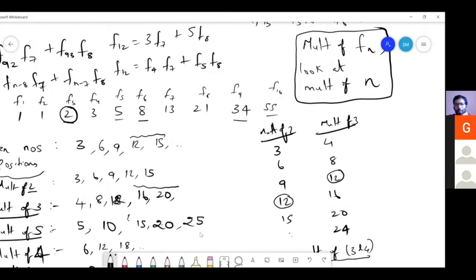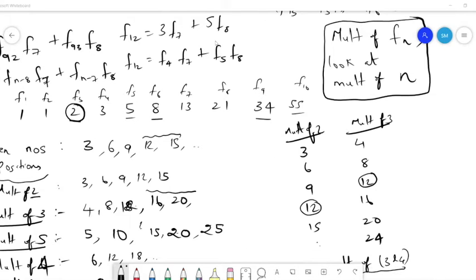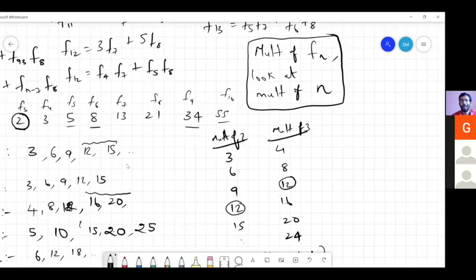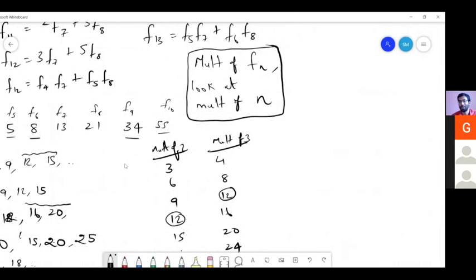And one more general question is: if I take any number k, will I have a multiple of k in the Fibonacci sequence? Also, prime numbers can occur only at prime number positions. So if this observation is correct, then all the prime numbers can occur only at prime positions.